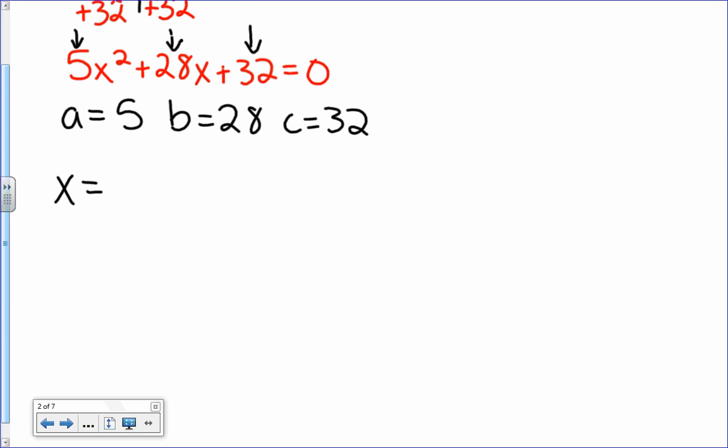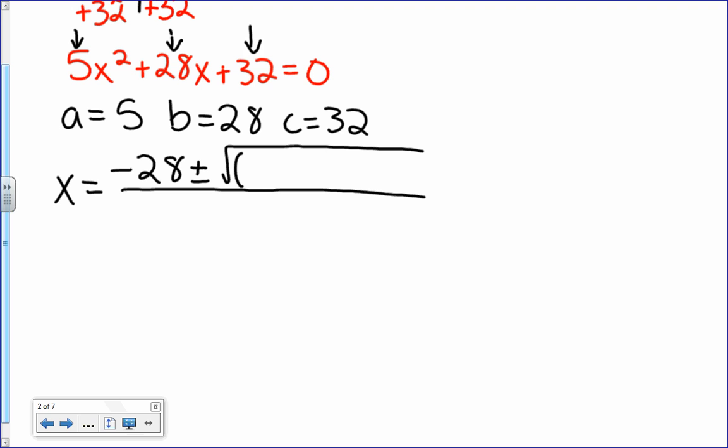X equals opposite B, so I put negative 28, plus or minus the square root of B squared, so I put 28 squared, minus 4 times A, so 5 goes in parentheses, times C, 32 in parentheses, all over 2 times 5.